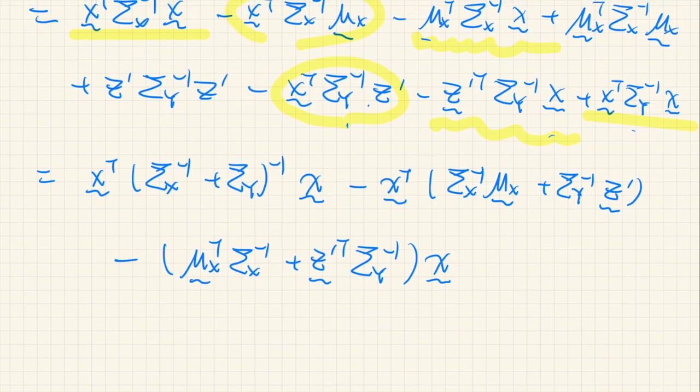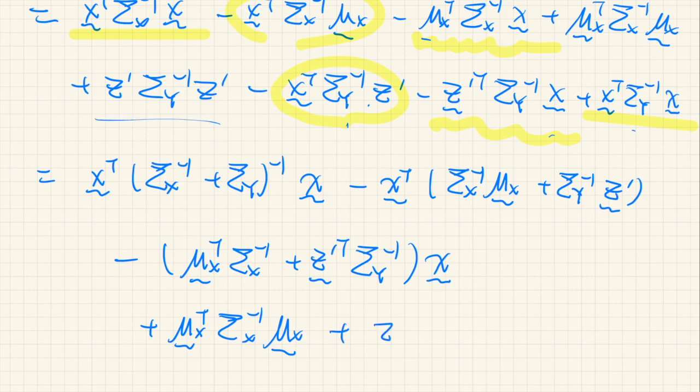And the remaining terms, that is mu x transpose sigma x inverse mu x plus this one, z prime transpose sigma y inverse z prime.